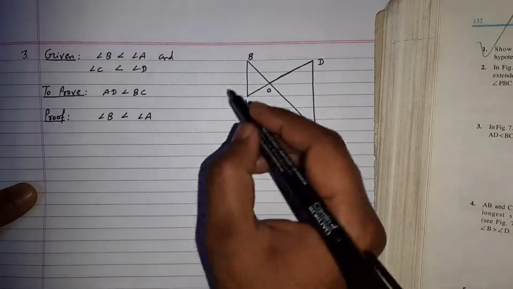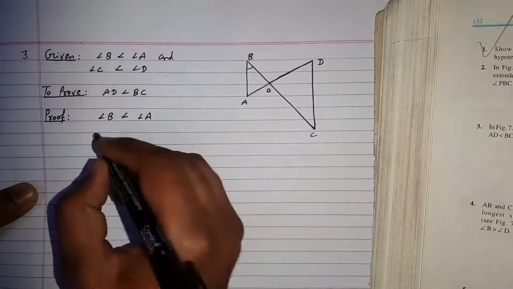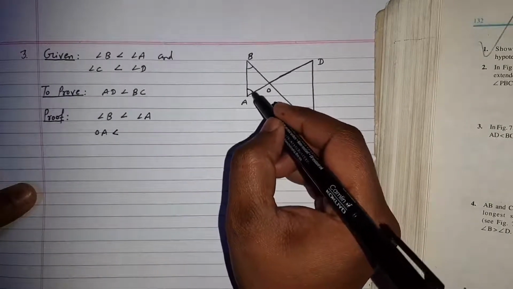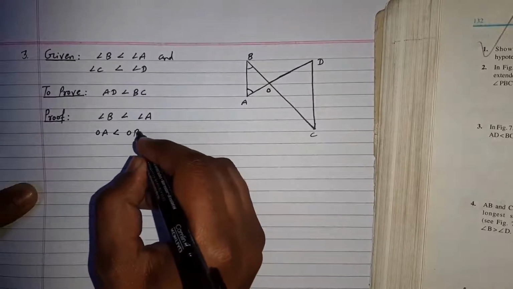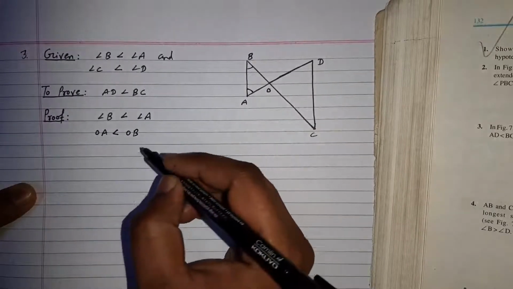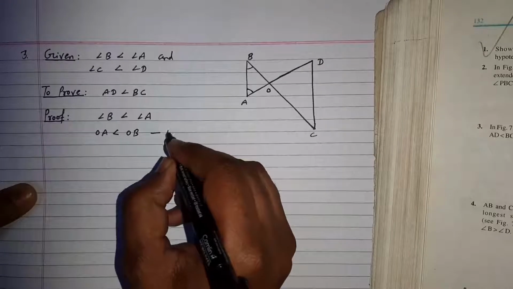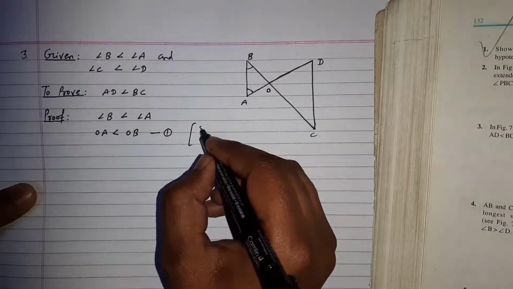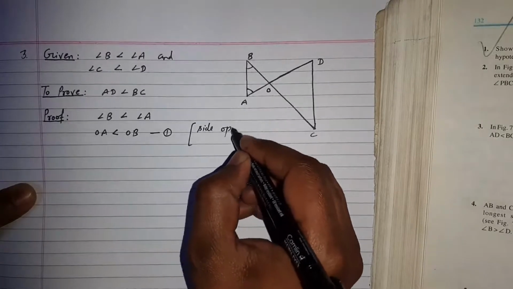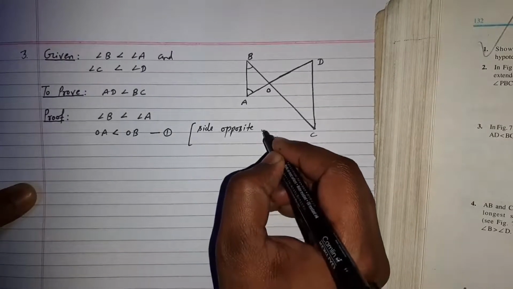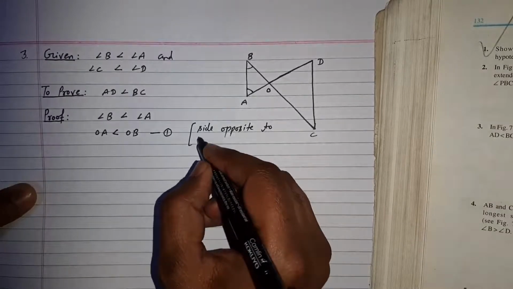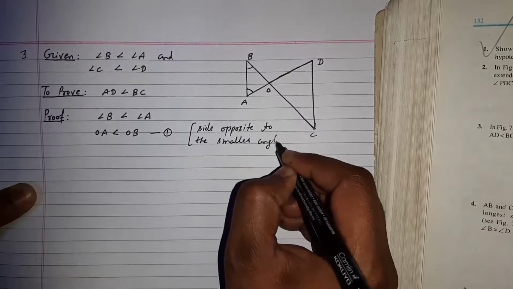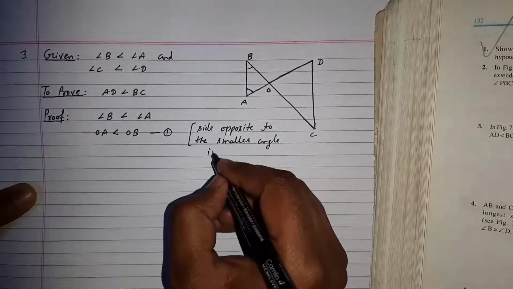The side opposite to angle B is OA, which is less than the side opposite to angle A, which is OB. By using the theorem, suppose this is equation number 1, and the theorem is side opposite to the smaller angle is smaller.